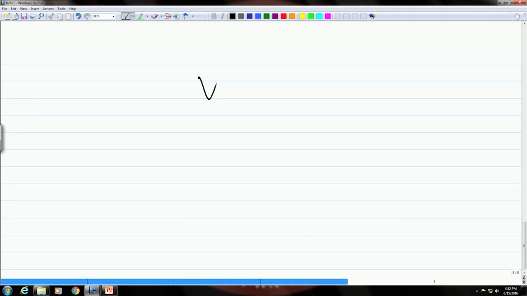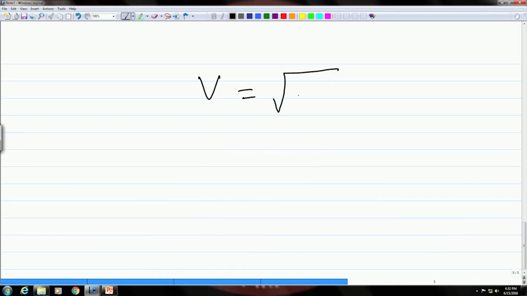Now, when you talk about the velocity, it is related to the elastic constant of the material through which the sound waves are moving, and the density of the medium in this fashion.